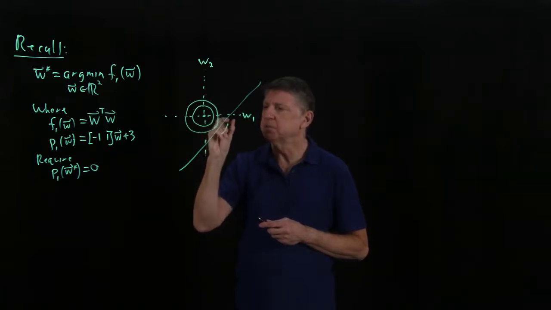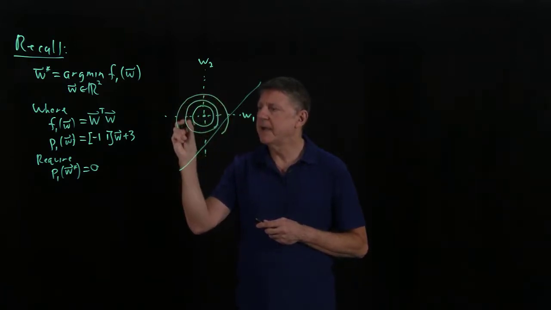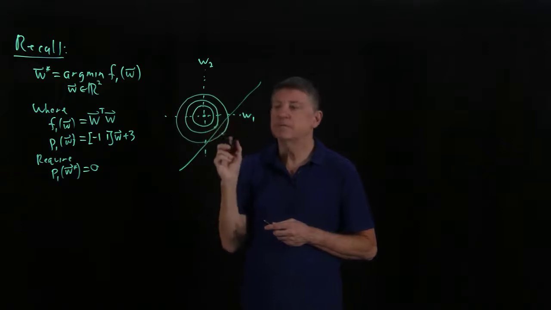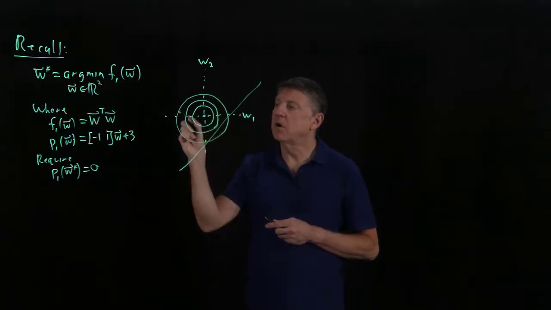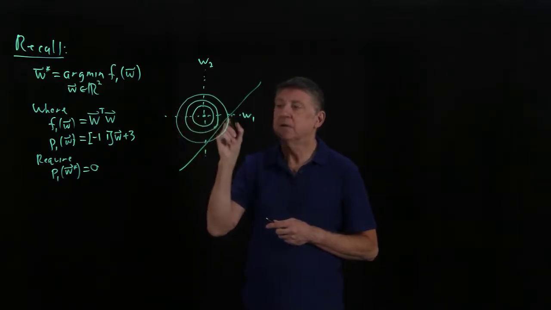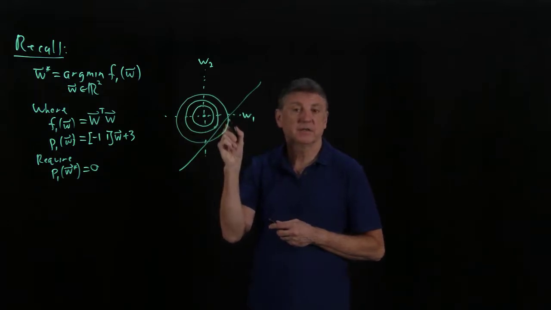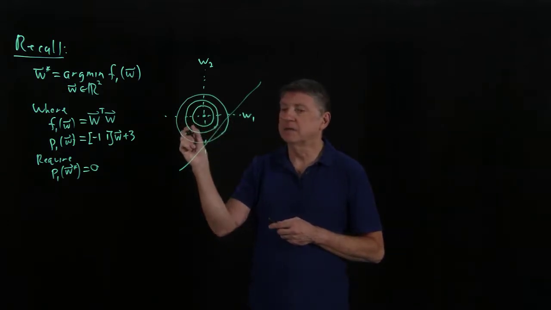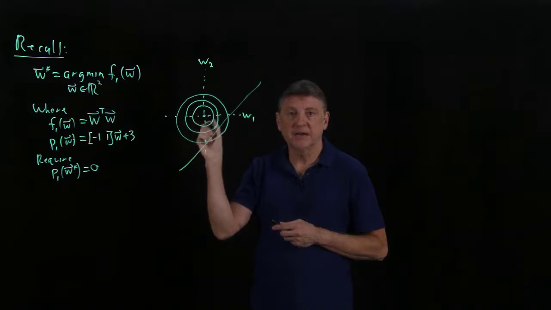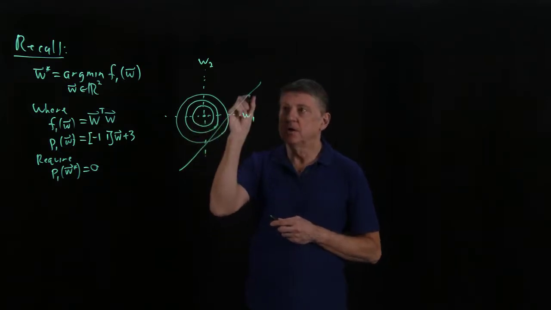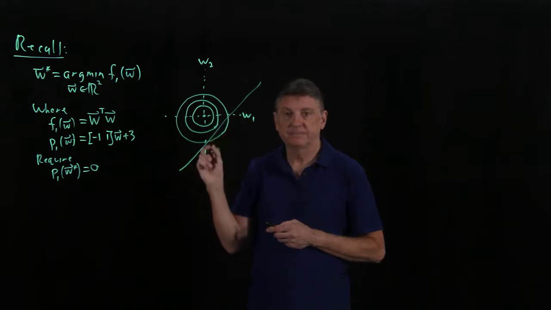And if we increased it too much, what would happen is we'd have 2 points that are on the level curve and also satisfy the constraint function. That is, these are on a level curve of the function and they're on the constraint line.